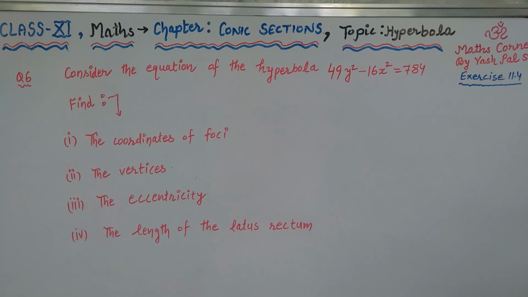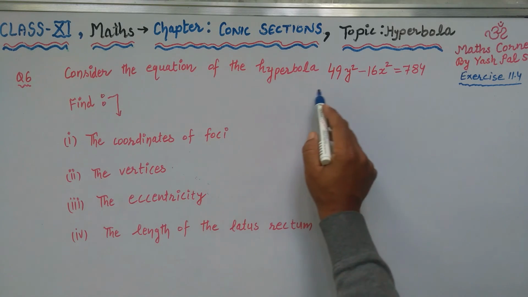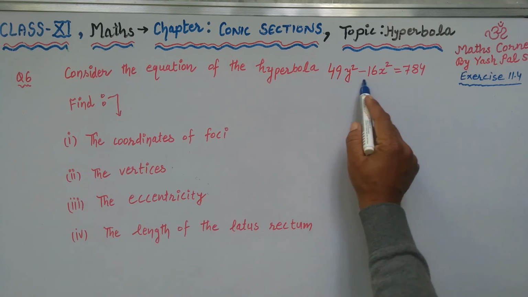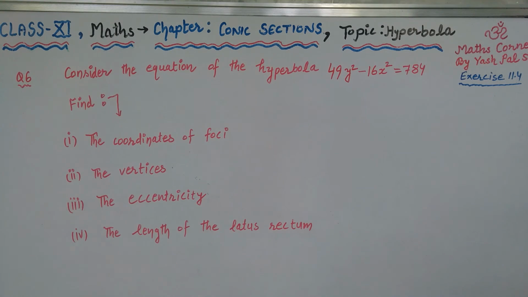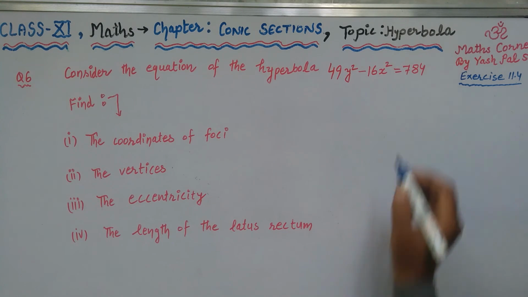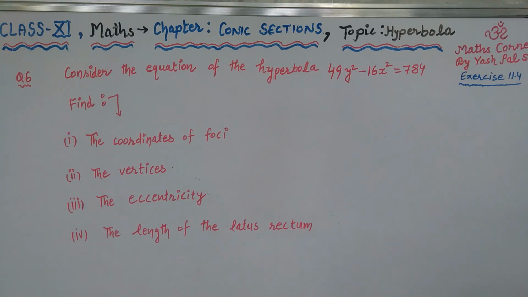Question number 6. Consider the equation of the hyperbola 49y square minus 16x square is equal to 784. Again, let us convert this equation into standard form. The right hand side should be equal to 1.